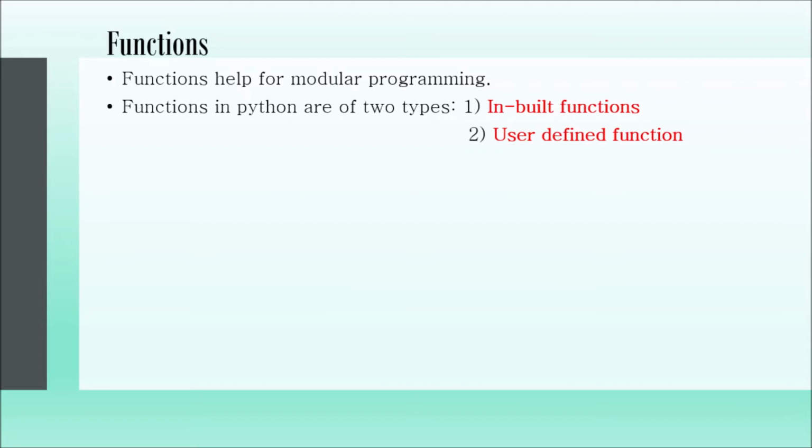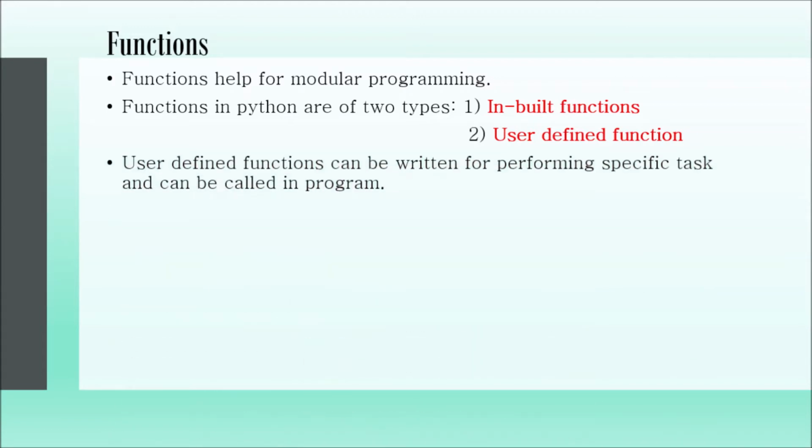The second type is user defined functions. If we want a specific function to perform some operation, the user can write the definition of the function. That is called a user defined function. User defined functions can be written for performing specific tasks and can be called in the program.